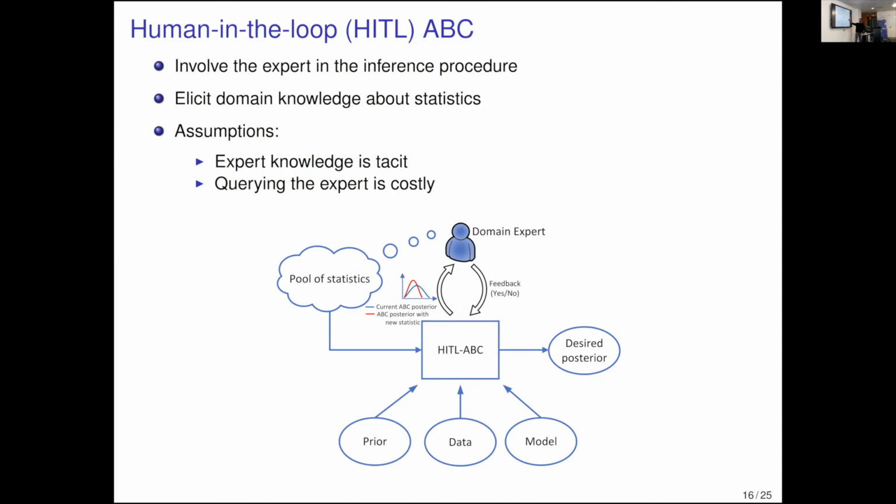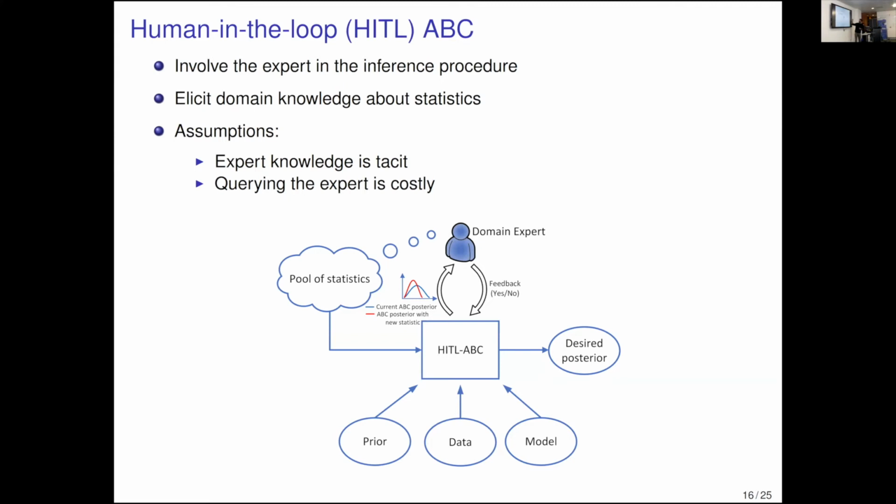But of course, they don't know exactly what statistics to use for this particular problem. That's why we call it tacit knowledge. They cannot explicitly write it down, but if you query them appropriately, they can give an educated guess on whether something would work or not. That's the kind of information or knowledge that we are trying to elicit.